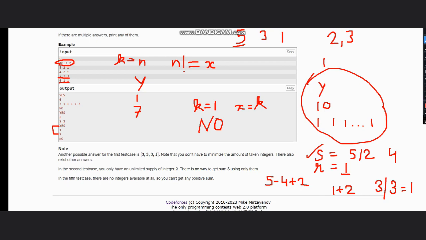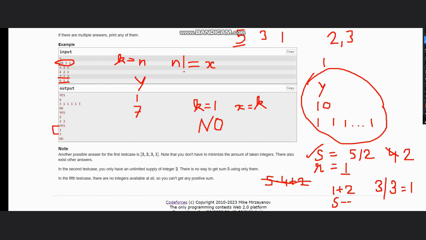And when we add 2 here, we decrease s by 1. Sorry, s was 2 in this case. So we have 1 plus 2.